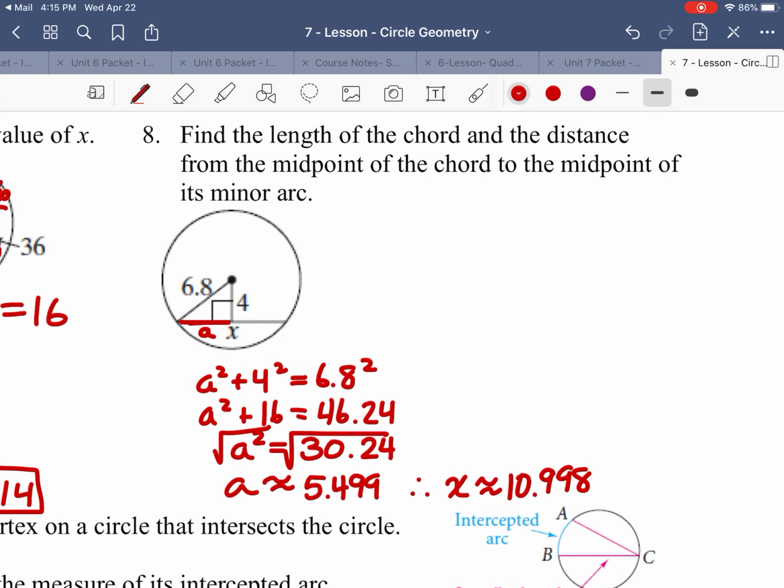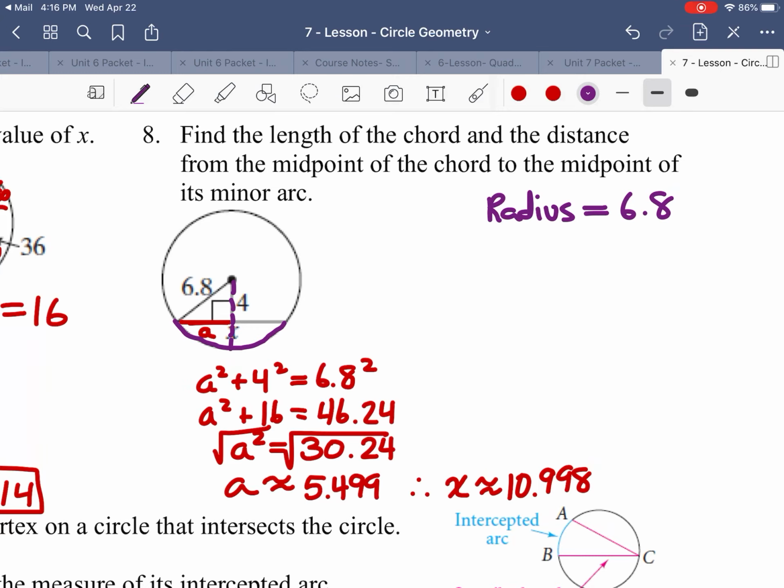So it's find the length of the chord, good, and the distance from the midpoint of the chord to the midpoint of its minor arc. All right, so we want to identify the minor arc. That's going to be this guy right here. That's going to be much easier to do, because the radius of the circle is equal to 6.8.